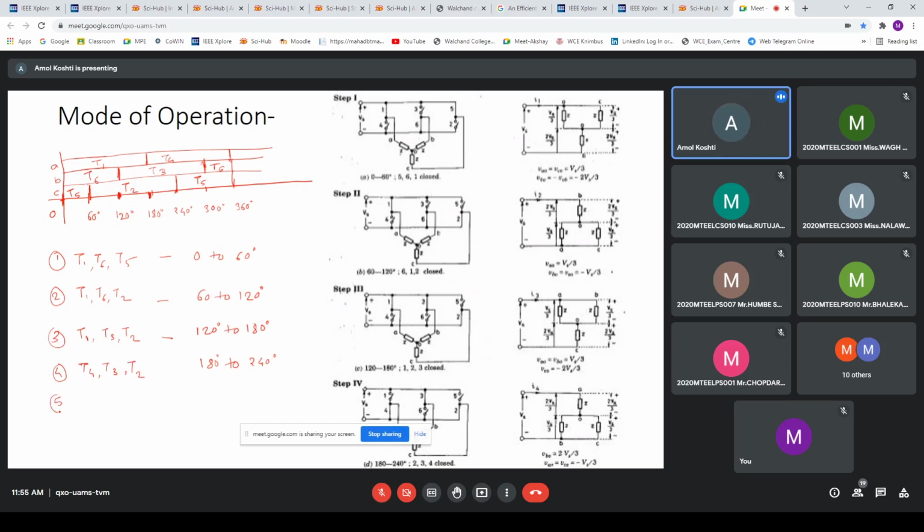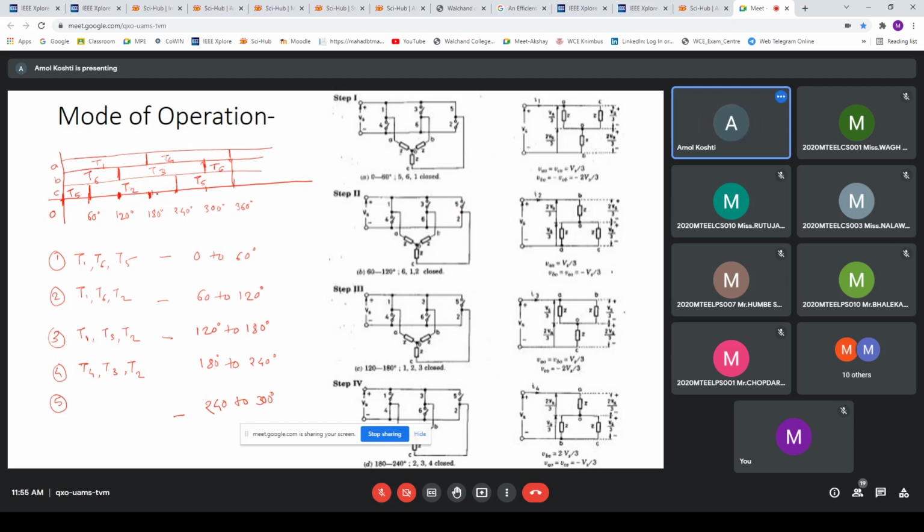Now here it is the 240 to 300 degree instant. During this instant T4 is on, T3 is on, and at this instant of 240 degrees T2 is turned off permanently.